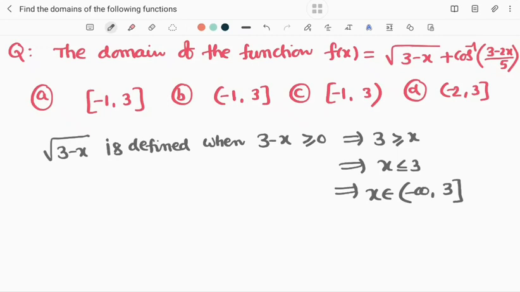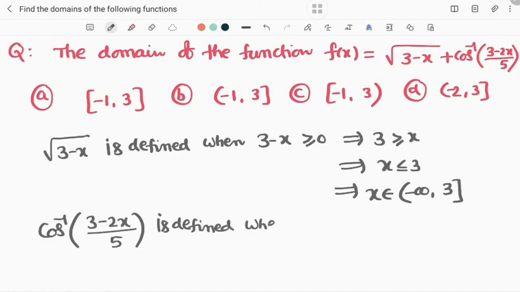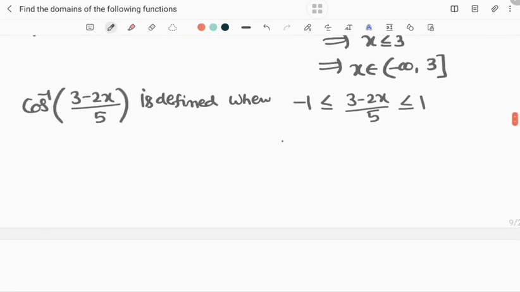And cos inverse of 3 minus 2x by 5 is defined when minus 1 is less than or equal to 3 minus 2x by 5 is less than or equal to 1. So minus 5 is less than or equal to 3 minus 2x is less than or equal to 5.